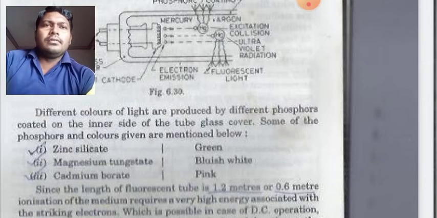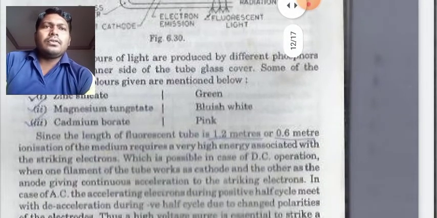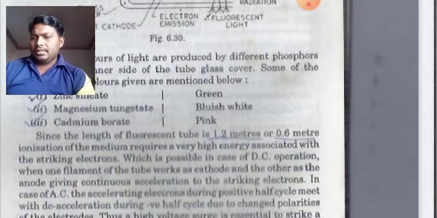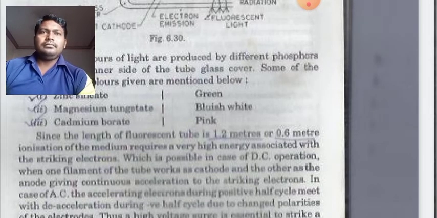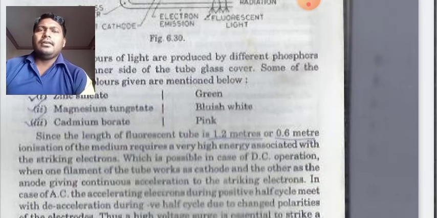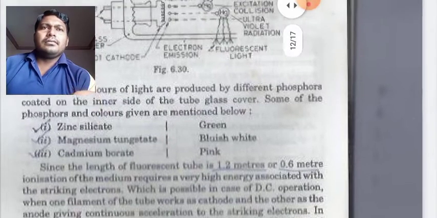Now the length of a fluorescent tube is 1.2 meters. You should remember, students, because the length cannot be just anything. Length can be anything, but provided we have to make the emission and the radiation with that length, considering the length only, we can choose different emission of electrons, as you can see from the figure.